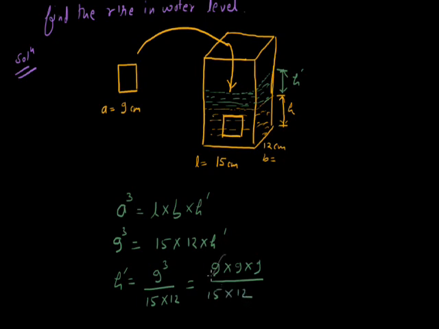Now we cancel with 3, 5 times. Again we cancel with 3, 4 times. So 9 into 9, that is 81, divided by 20. When 81 is divided by 20 we get 4.05 centimeters. So the increase in the water level in the rectangular tank is 4.05 centimeters.